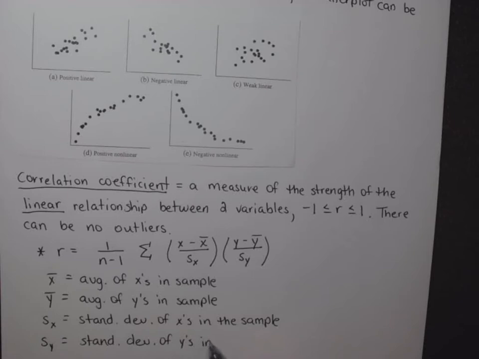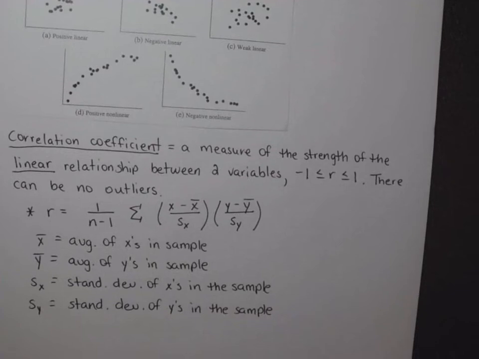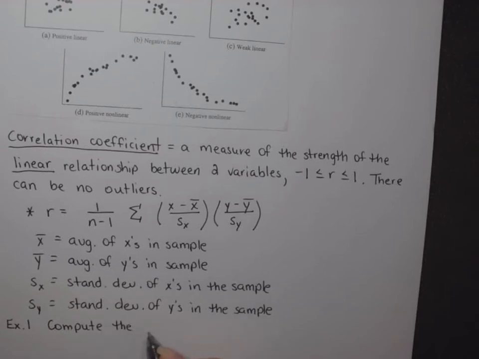So you are definitely going to need your calculator today. Like I said, what we're doing isn't really that hard, but it is a little tedious. There's a lot of numbers to keep straight. So we're going to try to keep this condensed here. Let's say I want you to compute the correlation coefficient.